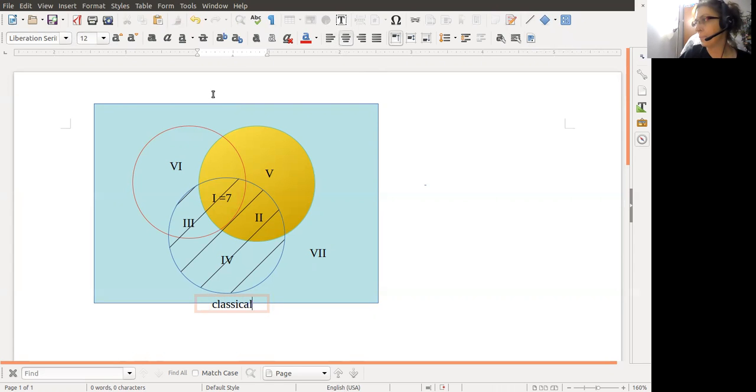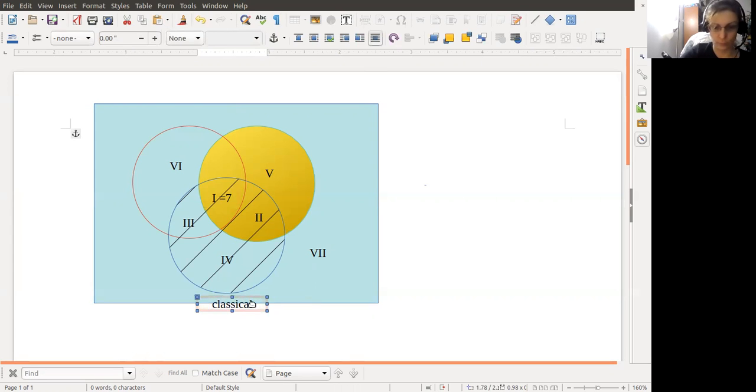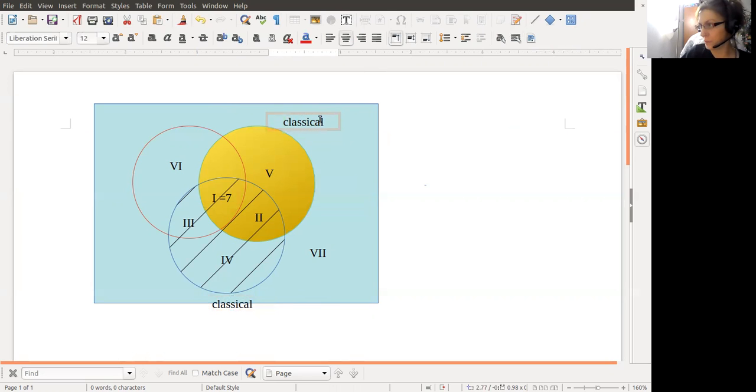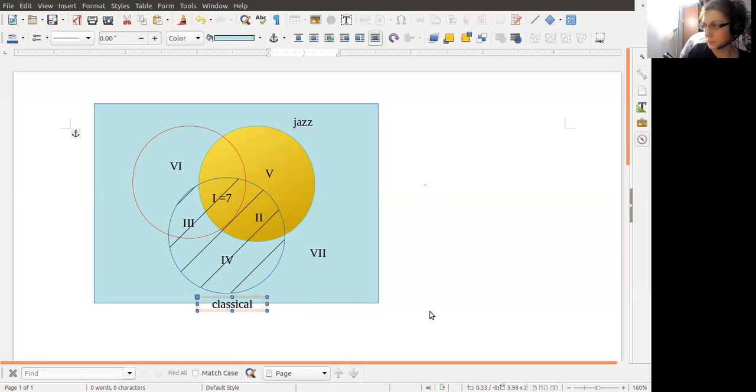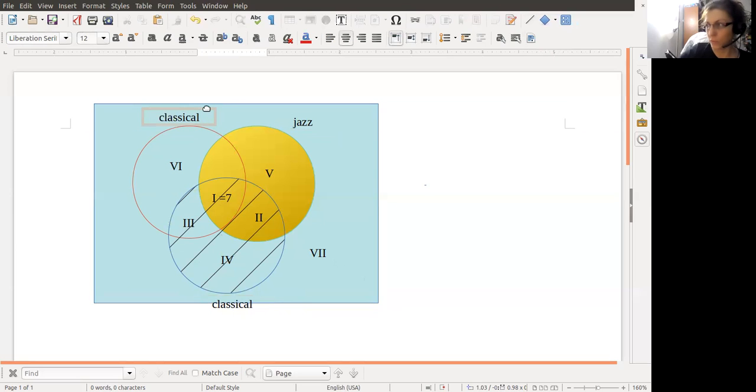And this one over here represents jazz. And this one would represent rock.